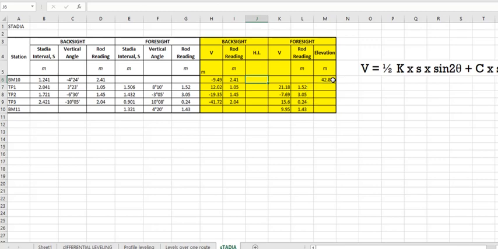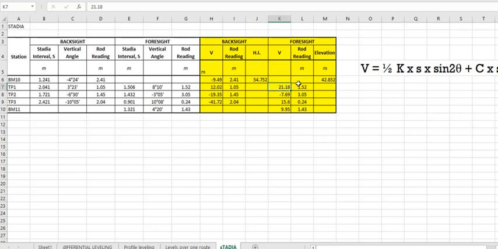So from here, 42.852, change the sign, so plus 9.49, so plus 2.41, so the HI is 54.752.